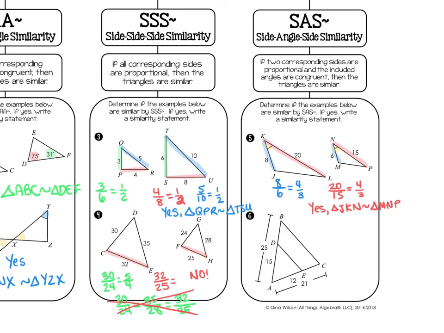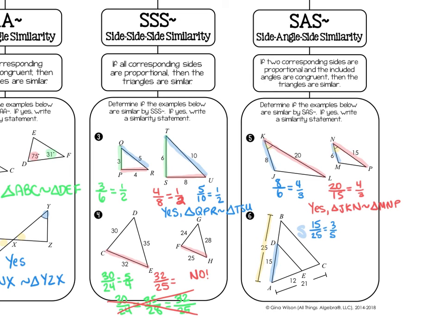So we'll compare side AD, which is here, 15, with side AB, which is 25. Okay, so 15 over 25. Let's write that ratio, and we'll go ahead and simplify it to 3/5. So that's what we would consider our first side.